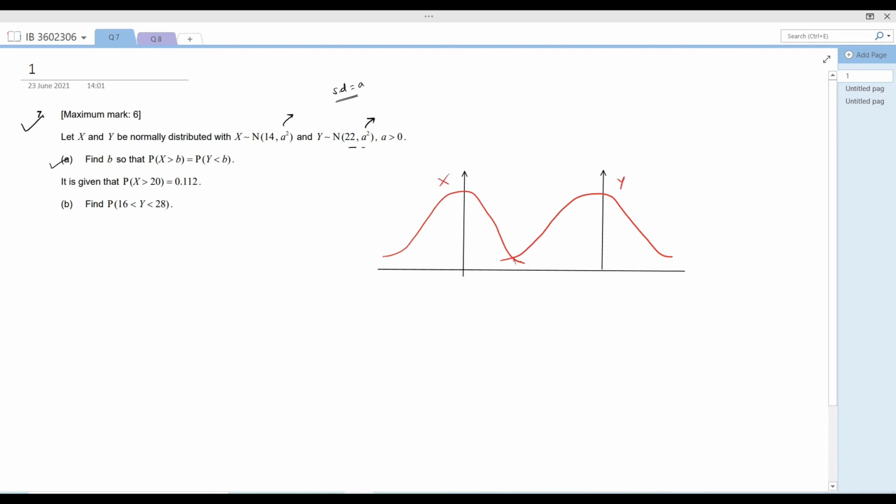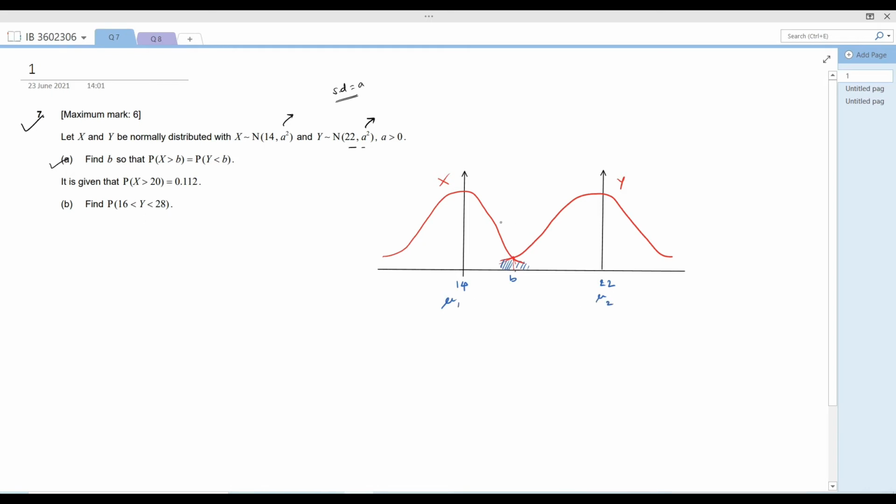Basically according to the question, this particular area will be equal to this particular area, P(x greater than b) equals P(y less than b). So if this is the b point, and this is 14 and this is 22, this is basically mu and this is also mu. I am addressing them as mu1 and mu2, and this is the point b.